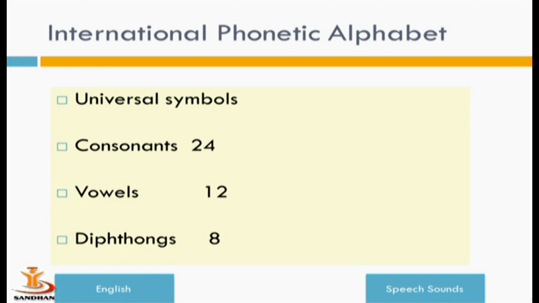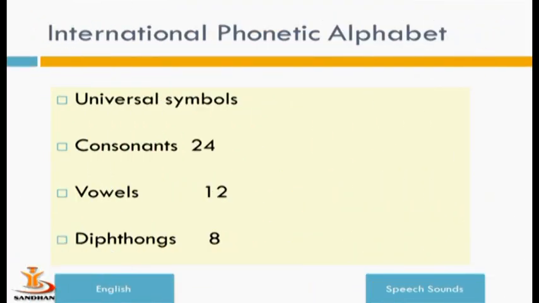So, in the sounds that we are trying to learn of the English language, from 26 letters of the English alphabet, we now move to understanding that there are 24 consonants instead of 21 letters. Instead of 5 vowels, we now have 12 vowel sounds and 8 diphthongs.